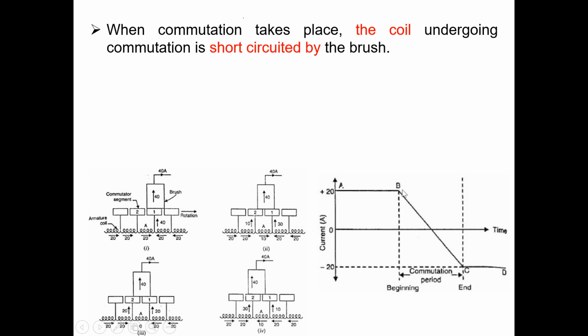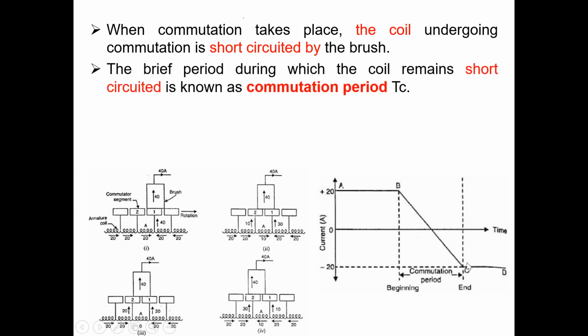And this will be the ideal commutation from B to C. It is taken as ideal commutation that the whole of the current, that is plus 20 ampere current, is converted into minus 20 ampere current in the time interval when the brush is connected to another commutator segment. There will be no delay, and this will be called a perfect commutation, or ideal commutation. The brief period during which the coil remains short circuited is called the commutation period. That means this is called the commutation period from C to this point.